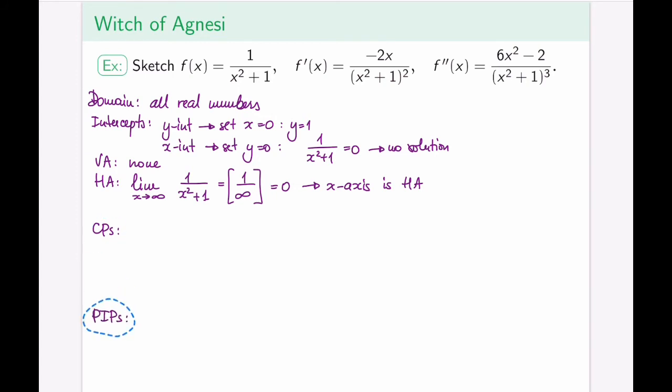Next, I need to figure out what my critical points are. Now, for critical points, I need to know the derivative of the function. Luckily, the derivative is actually given to me right here. So for critical points, I need to figure out when the derivative is equal to 0 and when the derivative does not exist. When I have one compact fraction like this, it's equal to 0 only if the top of it is 0.